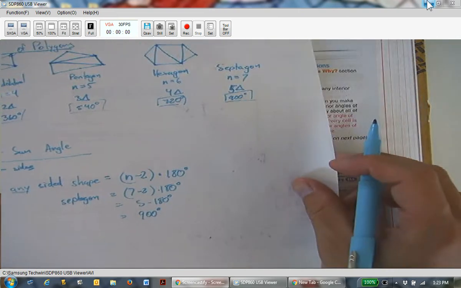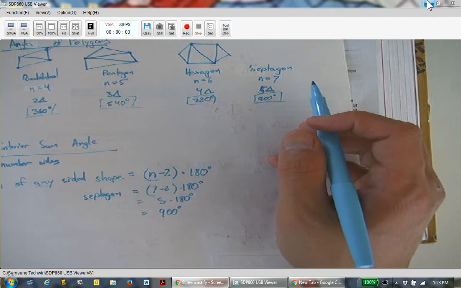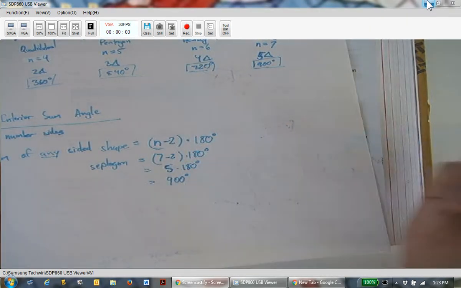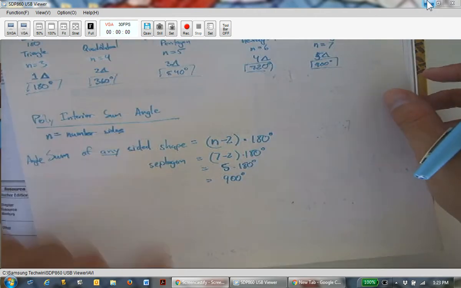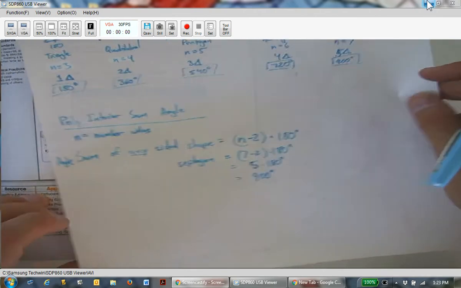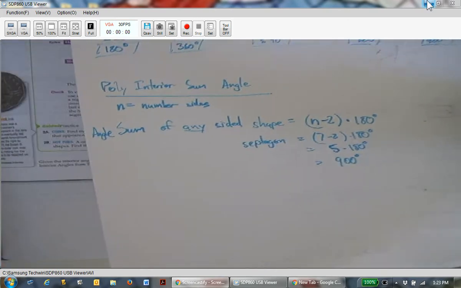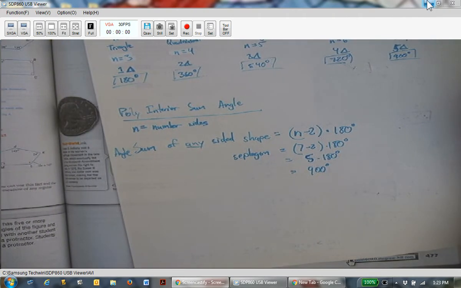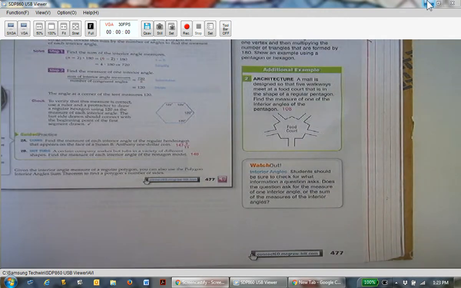There you are. And then just like we set up here, because that's why a septagon has 5 triangles inside. So that's why I'm multiplying 180 by 5. That's basically what you're doing anytime. Okay? So that is what we call the poly interior sum angle. You can find out the angle measure of any sided guy inside, right? Okay, so let's now do an example with our newfound knowledge.